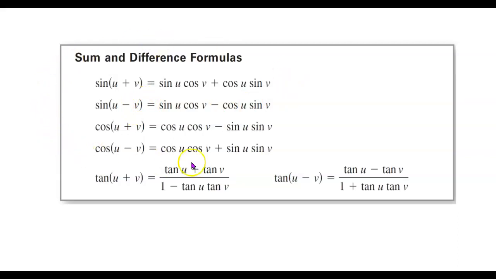Now, I'm not going to insist that you memorize all of these, but I do want you to at least remember that they exist so that if you don't remember exactly how they go, you can look them up and use them. But notice they all have similar patterns. Sometimes there are pluses, sometimes minuses. Sometimes sine and cosine get multiplied by each other. Sometimes they get multiplied as cosine times cosine and sine times sine.